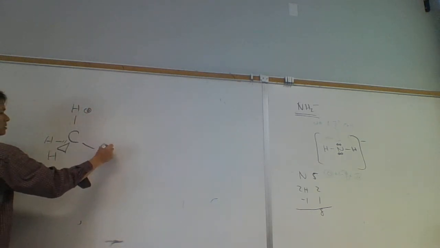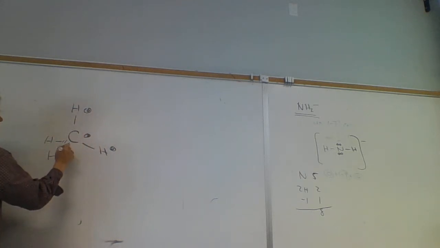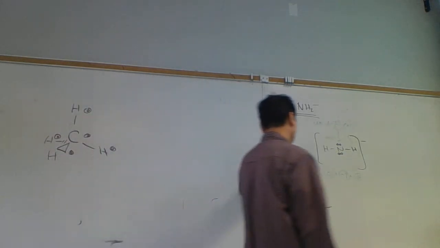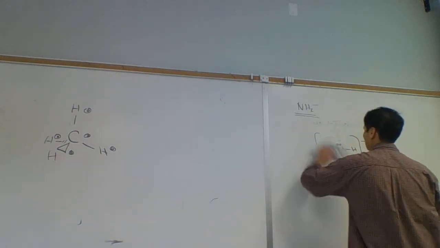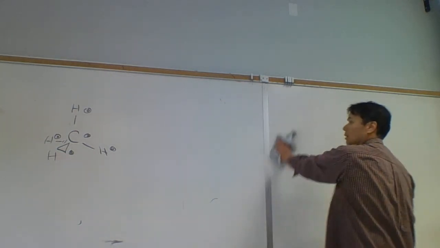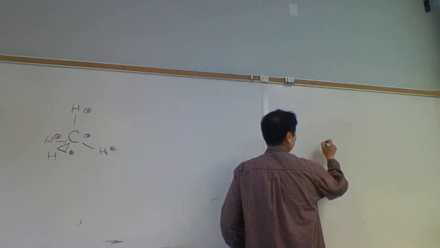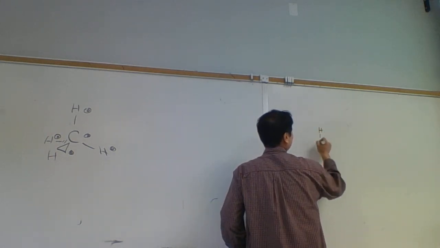All the formal charges are 0. I'll write it on this structure. Everything is 0. Okay, I'm going to go to this one next. We're going to look at this.